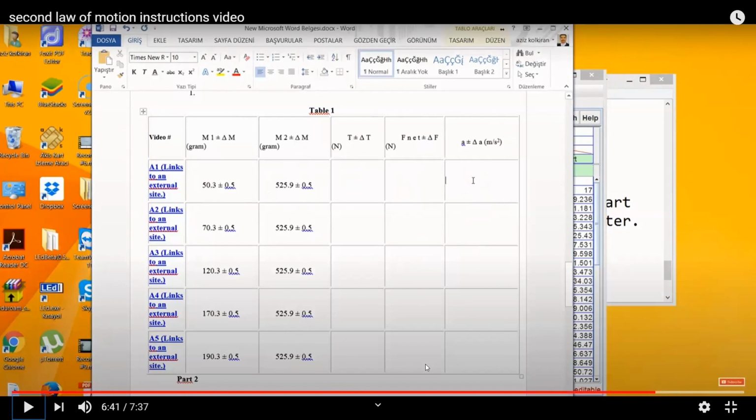The slope value calculated from the velocity time graph acquired from the experimental data should be entered in Table 1 with the error value.